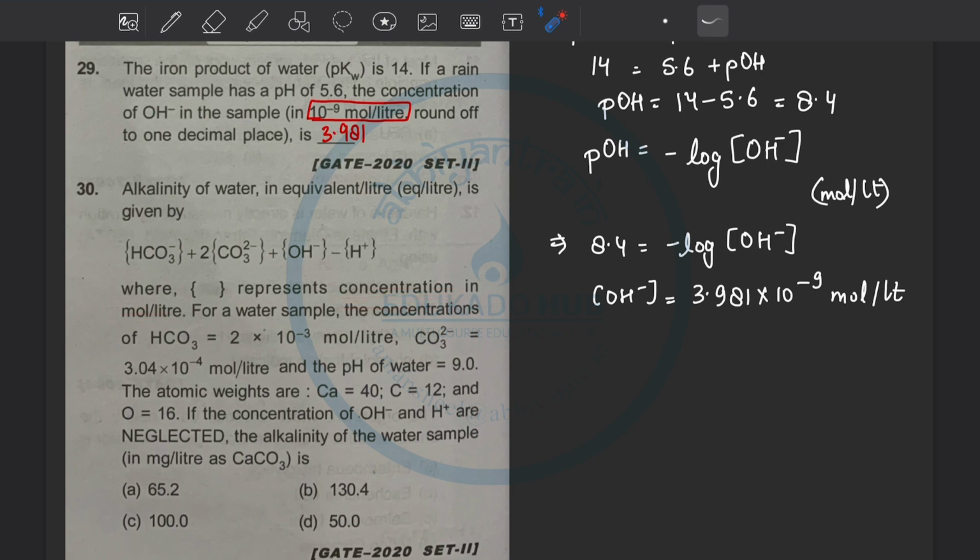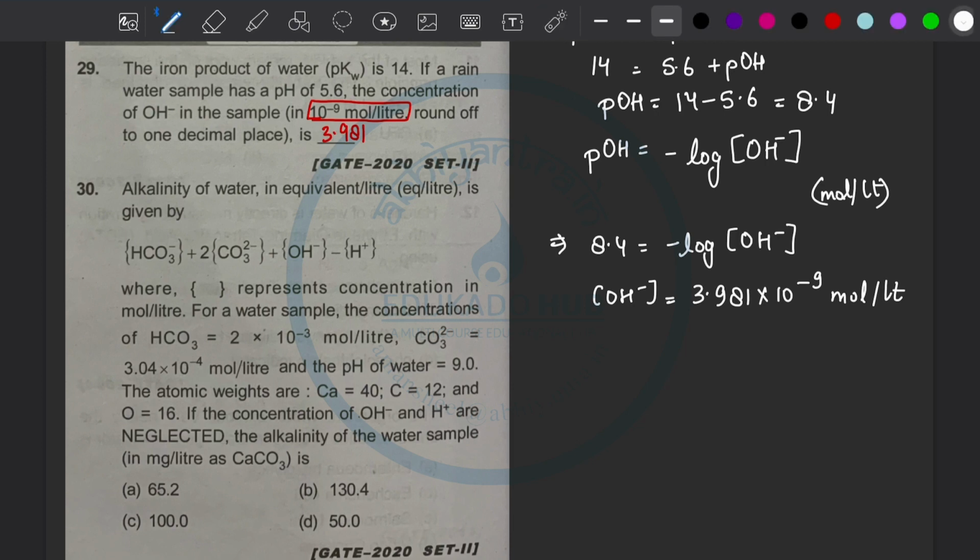For a water sample, the concentrations of HCO3 minus and CO3 2 minus are given, and the pH of water is 9. The atomic weights are Ca 40, C 12 and O 16. If the concentrations of OH minus and H plus are neglected, the alkalinity of the water sample in milligram per liter as CaCO3 is.